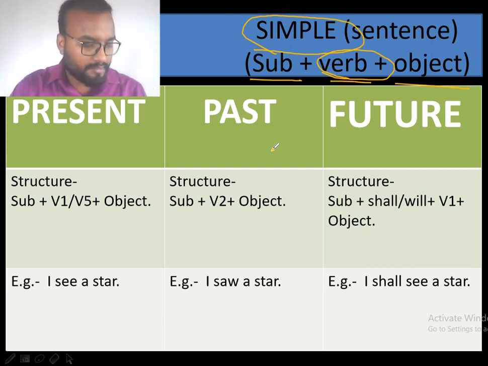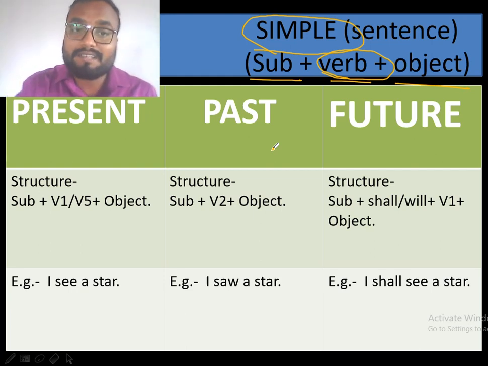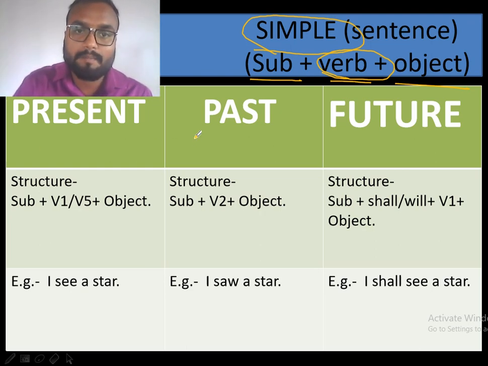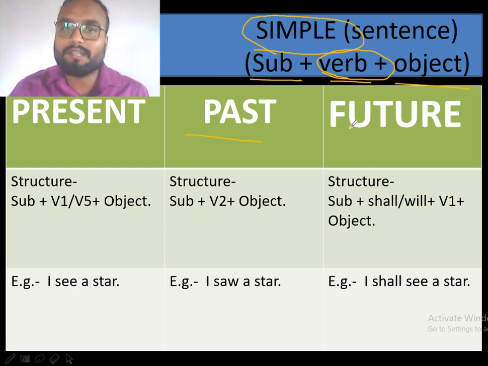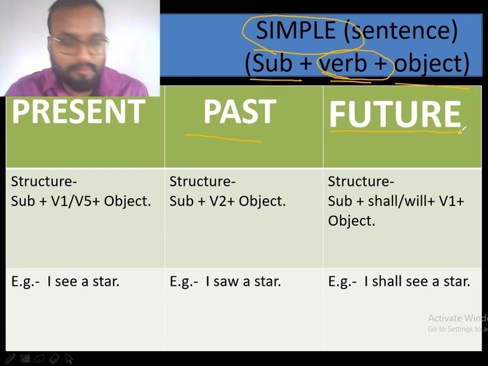Similarly over here, simple tense indicates the action that takes place now, that is in present tense, or the action which has already taken place in case of past tense, or the action which will take place or which is going to take place in case of future tense.